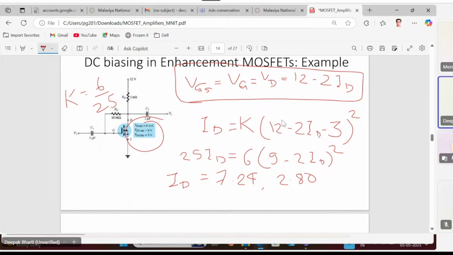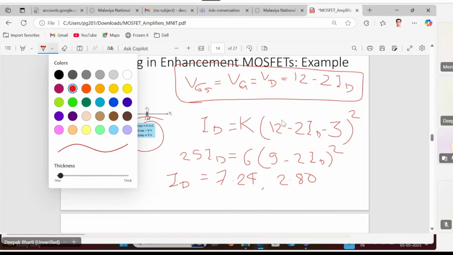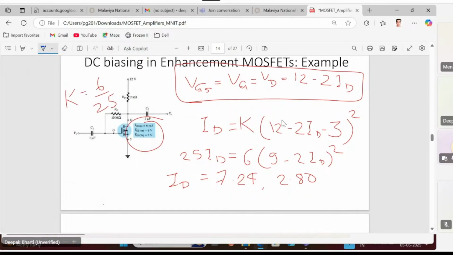Now, which of the values to pick? We have to take the help of the transfer curve. Up to VT volt it is 0, and after that it increases in a quadratic fashion. This is 3 volt. And where is the equation of the load line?